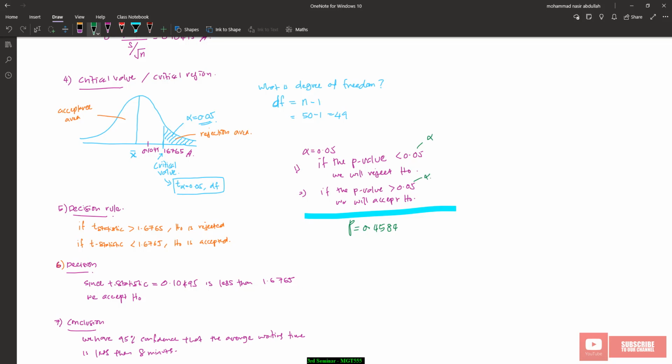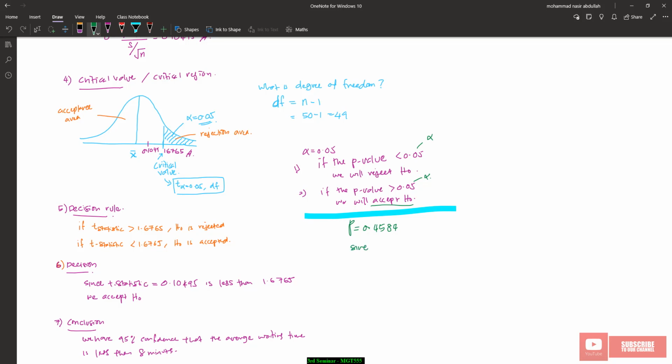If the p-value is more than 0.05, which is now our p-value, we will accept the null hypothesis. So the conclusion still remains the same.